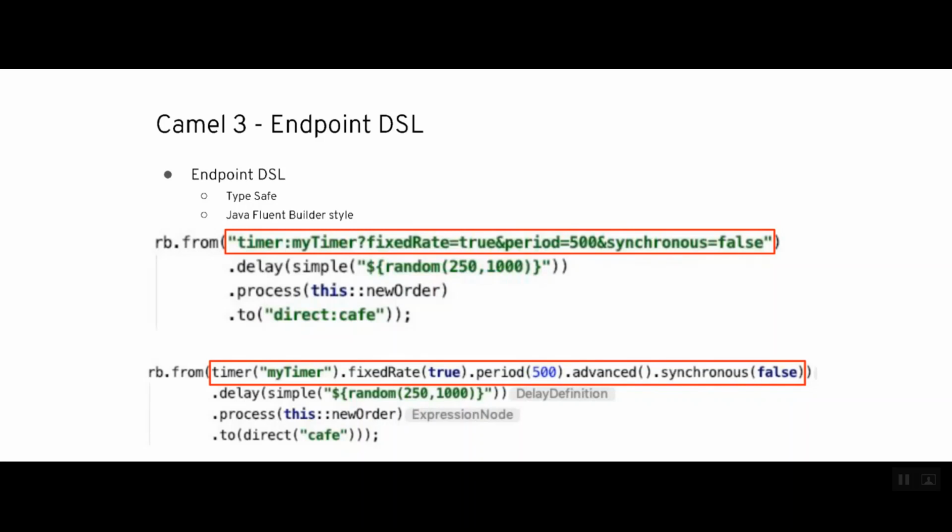So one of the problems we faced in Camel 3 was being able to build the endpoint configuration through Java code, and this is what the endpoint DSL does. You are still able to provide a string as the endpoint URI, but you also have the possibility to use the endpoint DSL as shown in the slide.